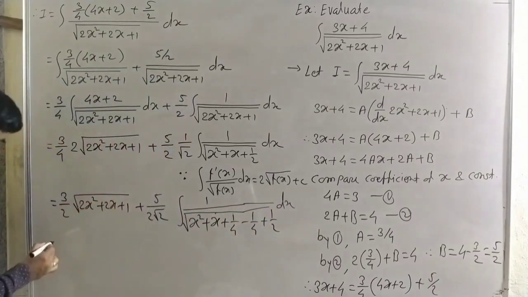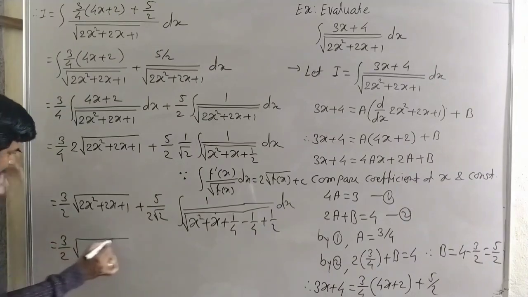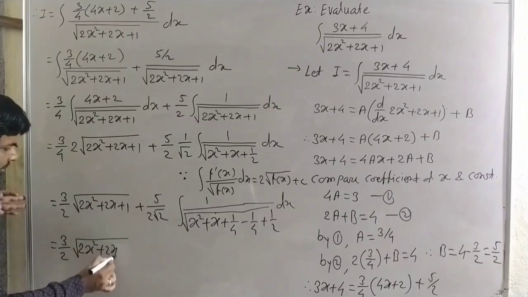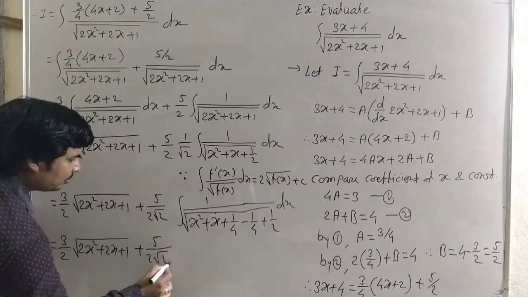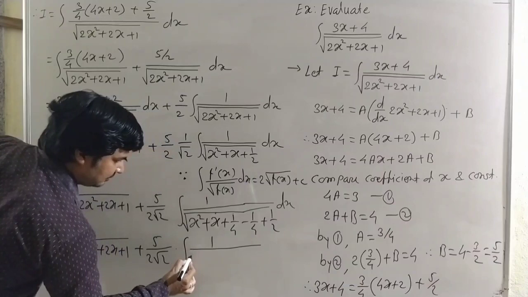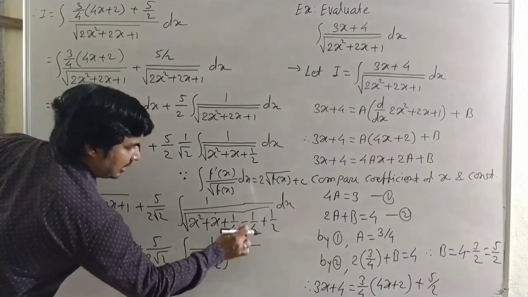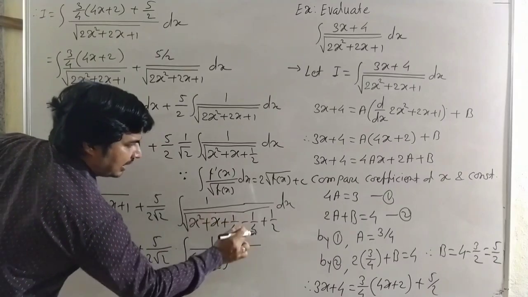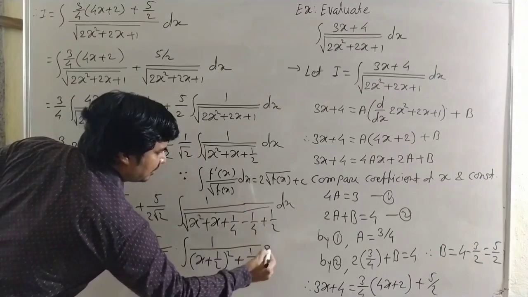Now the first term we can take as it is, 3/2 under root of 2x square plus 2x plus 1, plus 5/2 under root 2 into integral of 1 upon under root x plus 1/2 whole square plus 1/4. It is the calculation of this dx.